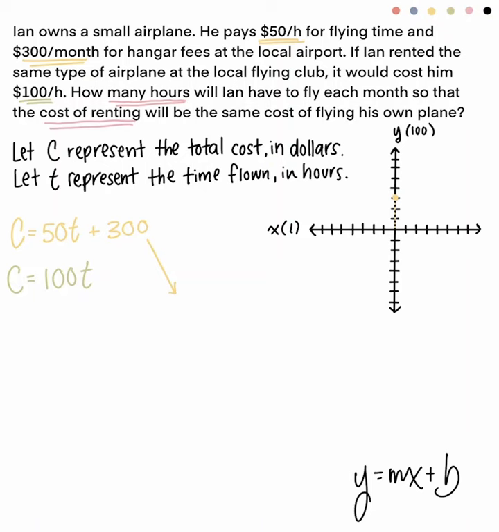And then what is my rise over run? $50 over 1. So I have to go up 50, which is going to be about halfway between these two lines, and then I'm going to go over 1. Up 50 over 1. Up 50 over 1.